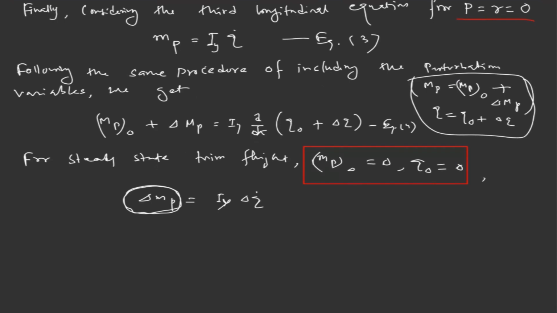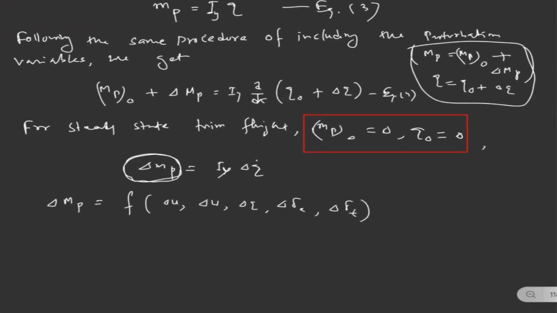So let's see how we can write the Taylor series expansion of delta M_P, where the different variables come into the picture. Let me write delta M_P equal to a function of delta U, delta W, delta Q, delta E, delta T. These are the variables which generate the moment about the y-axis.